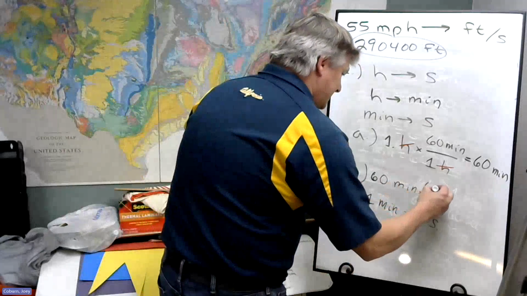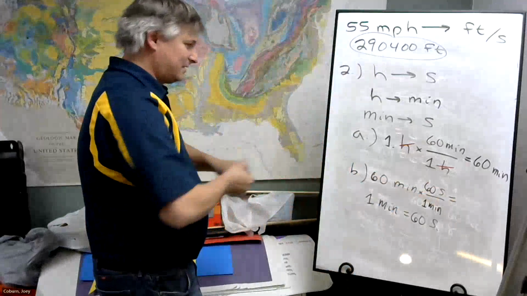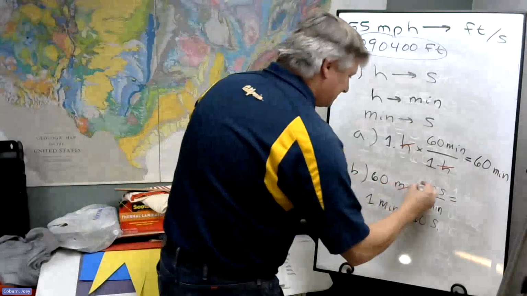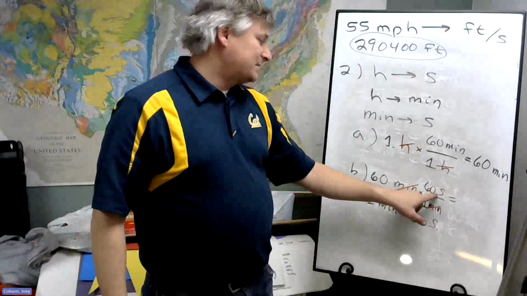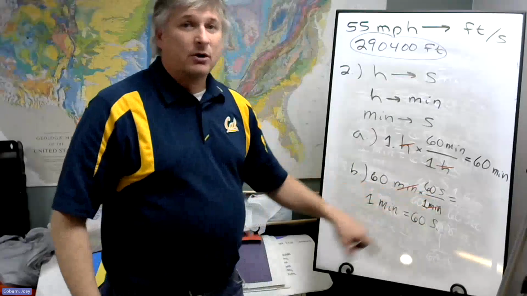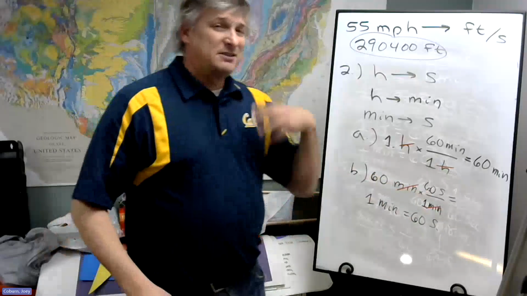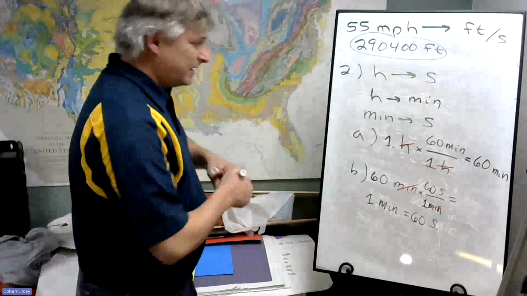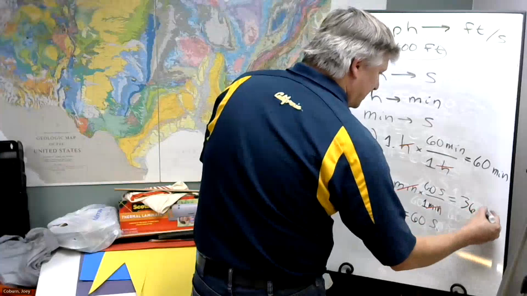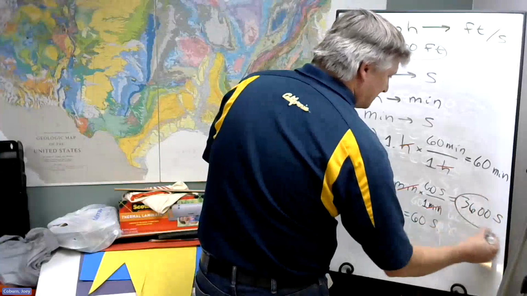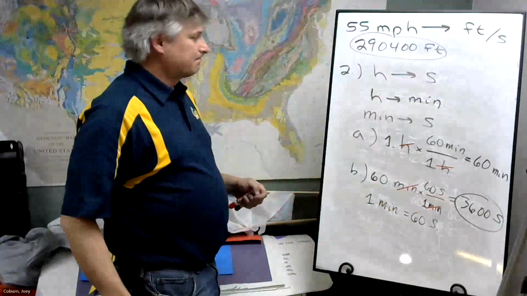And then the 60 seconds has to go on top. And so the minutes cancel. And what we're left with is 60 times 60 seconds divided by 1. Or in our calculator, we go 60 times 60 divided by 1 and just tack on the seconds at the end. And what we'll get is 3,600 seconds. And so we've done step 2.